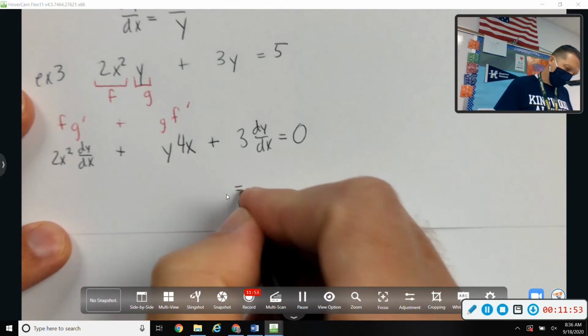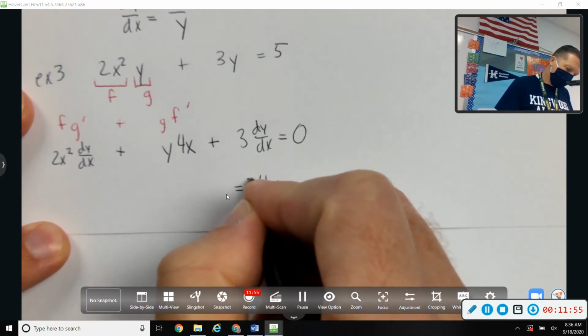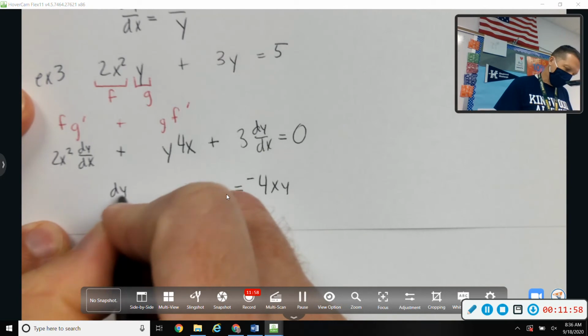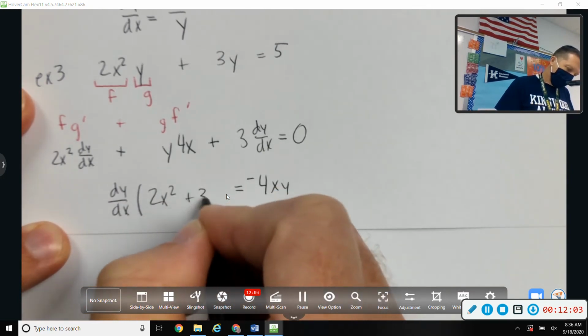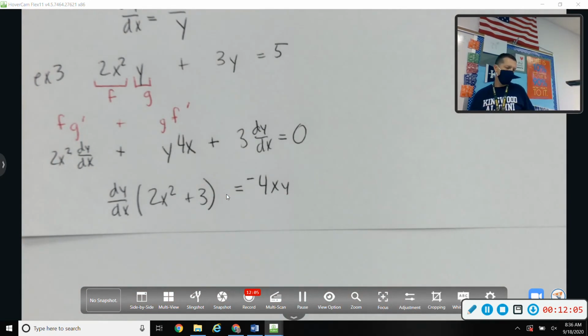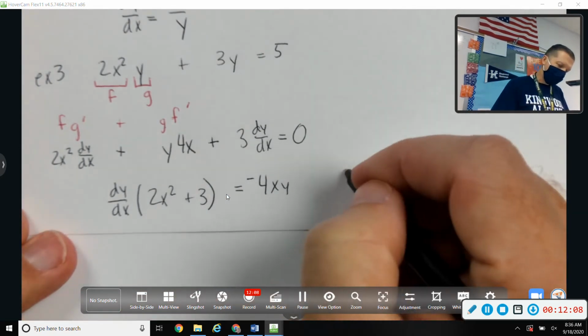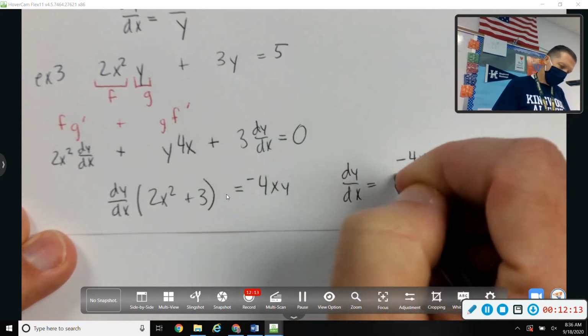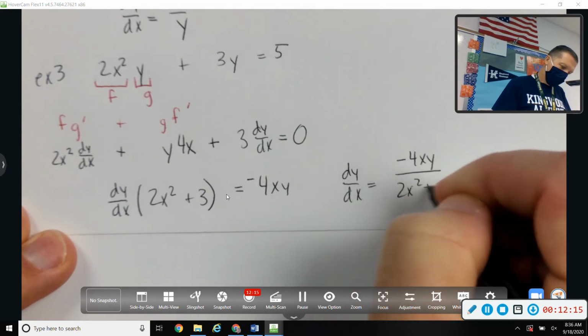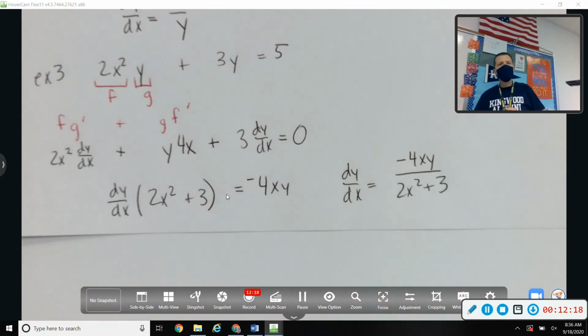So I'm going to move the 4xy over, factor out dy/dx from what's left, and then divide by what's attached to dy/dx. So again, we sort of expanded what we are able to take the derivative of.